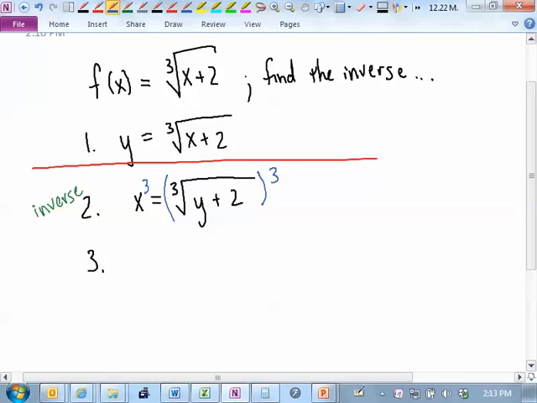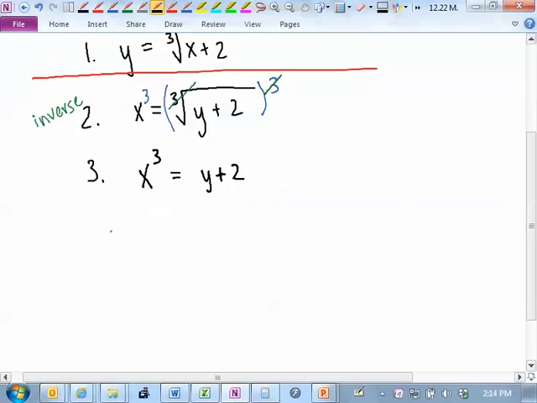Yeah, cube it, and then it will undo itself right there, right, on this side. Yeah. Undoes itself. And now you've got x cubed equals y plus 2. You're trying to get y by itself, so yeah, exactly, Jessica, just subtract 2. So then you got x cubed minus 2 equals just y.